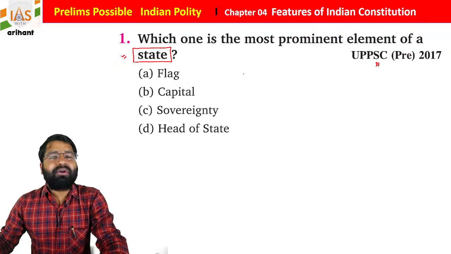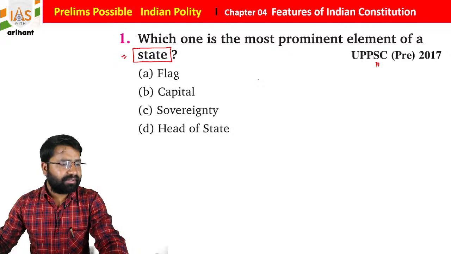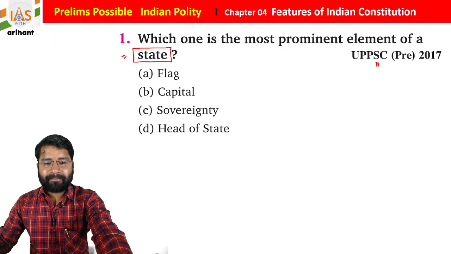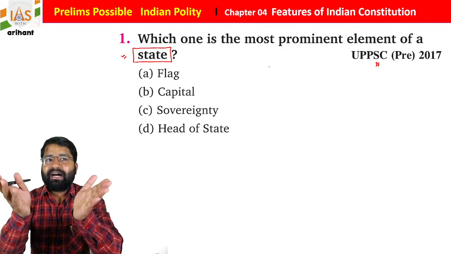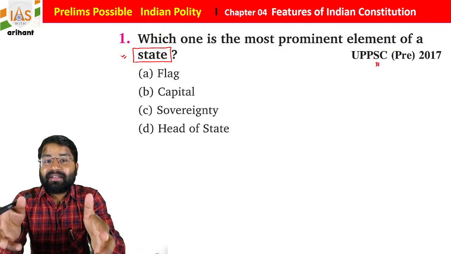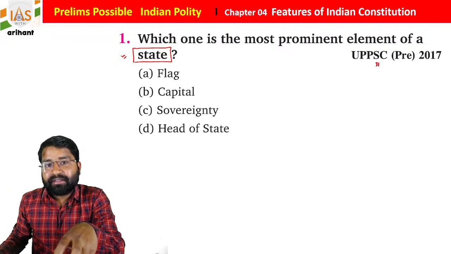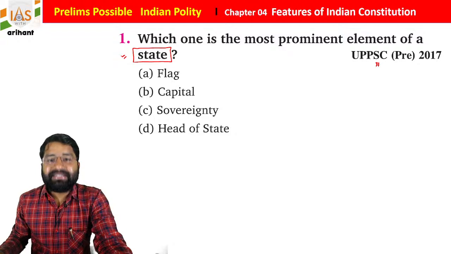If we talk about a state, or any country, what you find, students, is that you need a population, a territory, a government, and if these three are available, then you need sovereignty to take decisions.